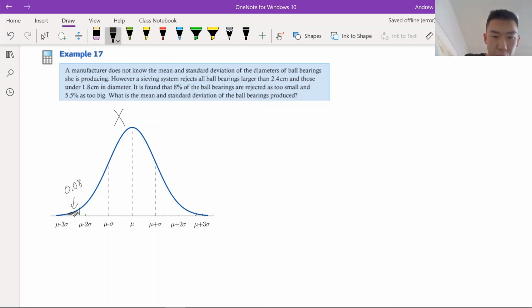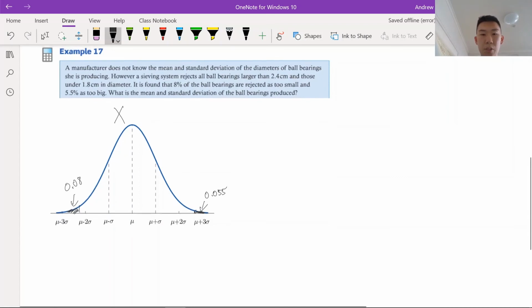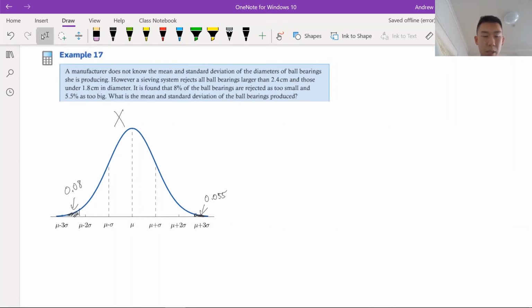And then 5.5%, so an even smaller area, are too big, so 0.055. Okay, since we don't have any more information to work with, we want to standardize it.